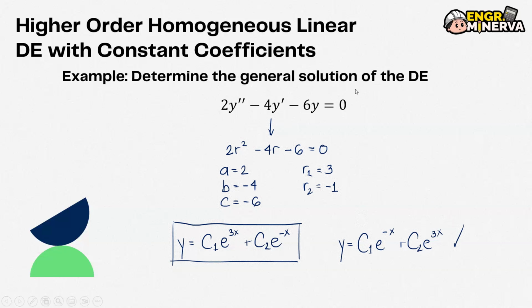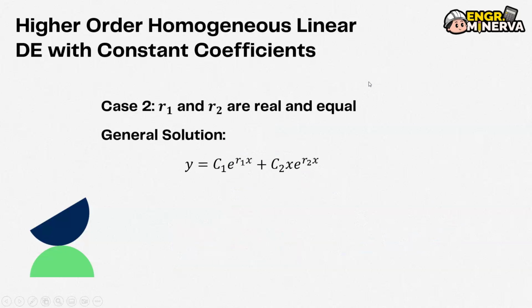Next, our next case is case number 2. If R1 and R2 are real and equal. When you say real, again, there is no imaginary number, there is no i. Equal means the two roots are the same.